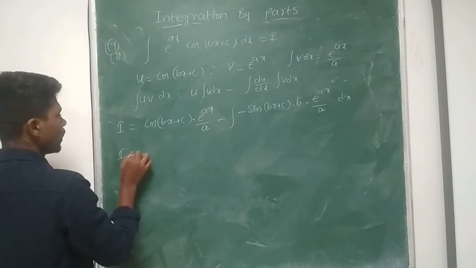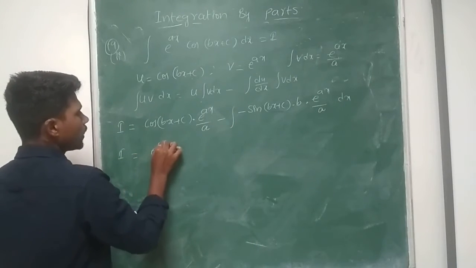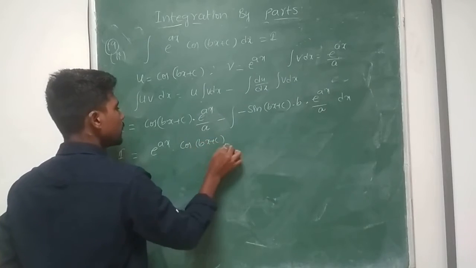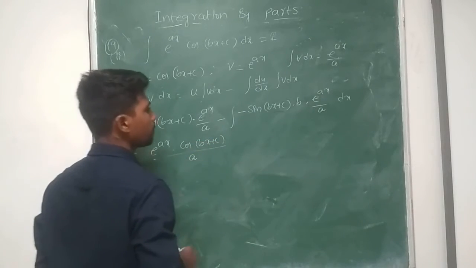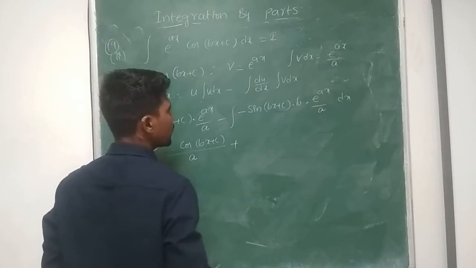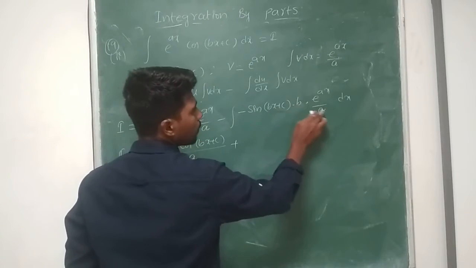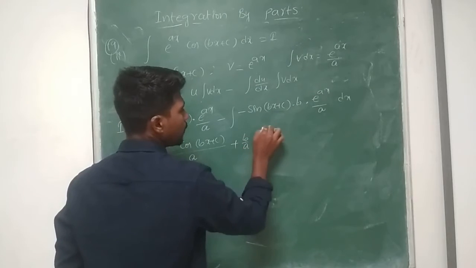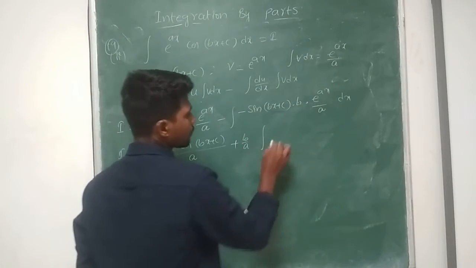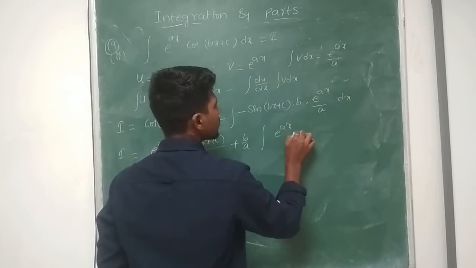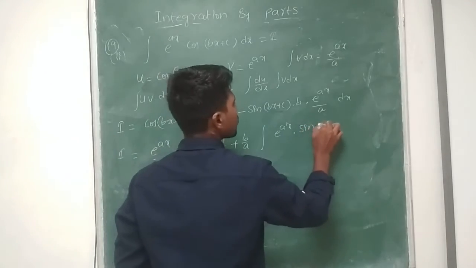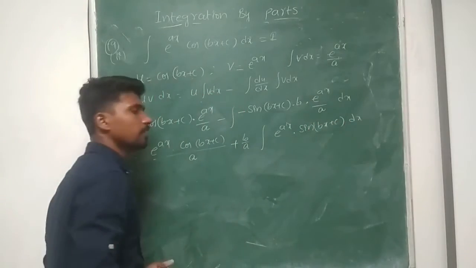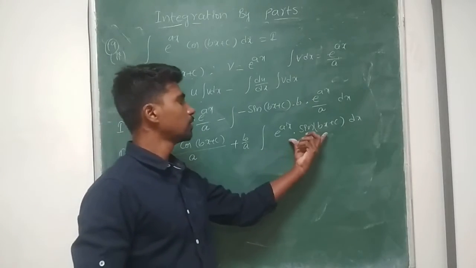So now I is equal to e power ax into cos(bx plus c) by a, minus into minus plus, b by a is a constant, I can take it outside. So b by a integral e power ax into sin(bx plus c) dx. Again it's in a product form, so I have to solve this.